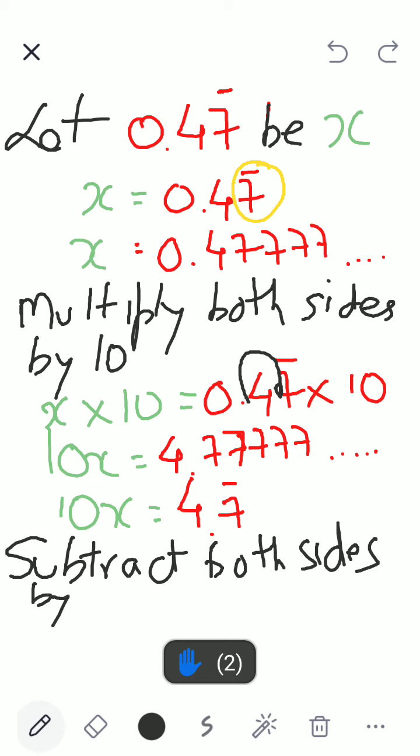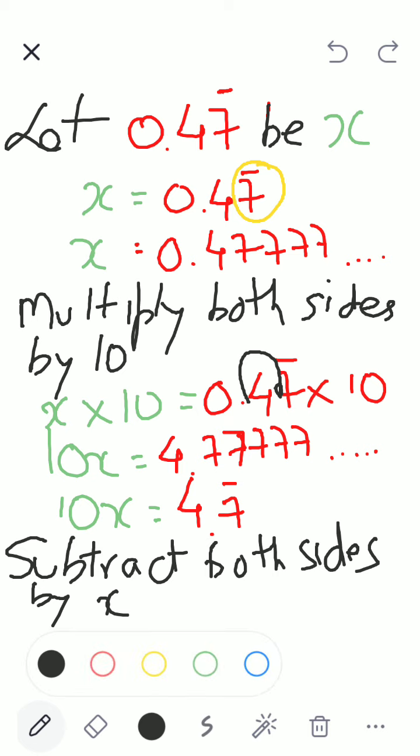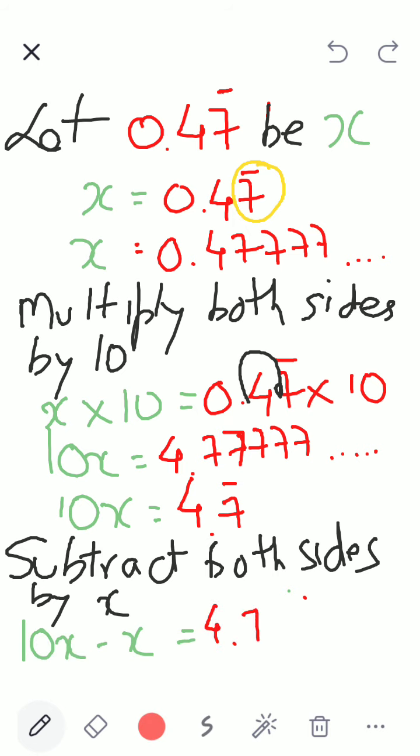Simple. Children, lower your hands, please. Clear. So what will I have? I will have in the green bag 10x minus x equal to 4.7 minus x. But what is x in decimal form?